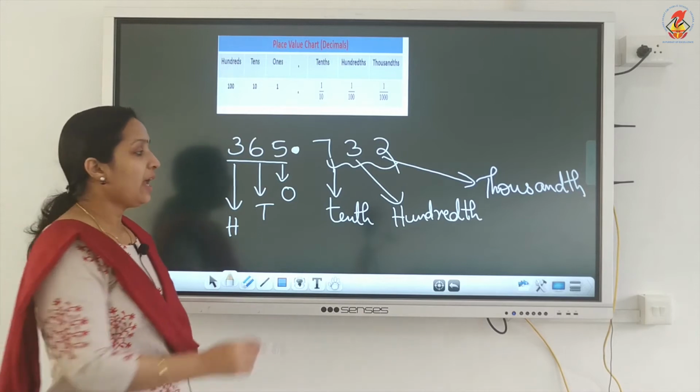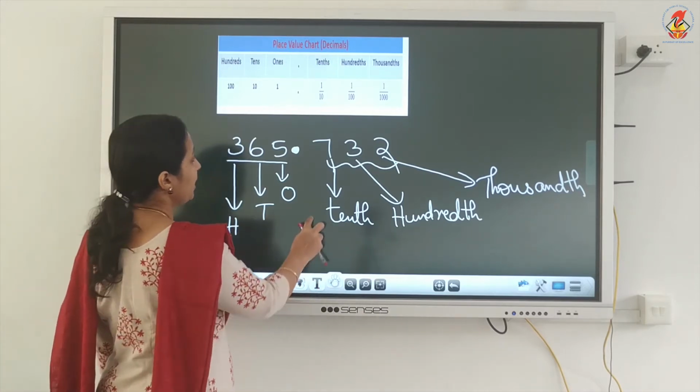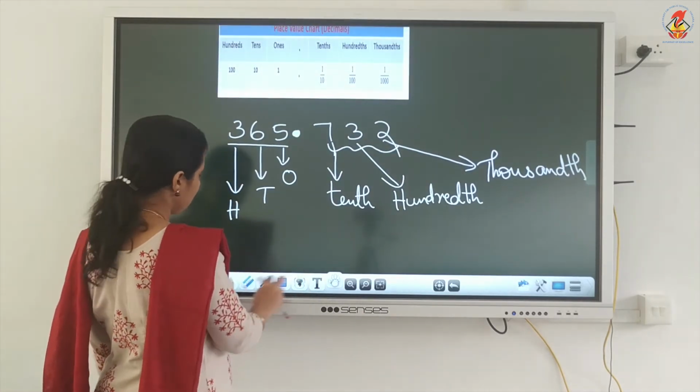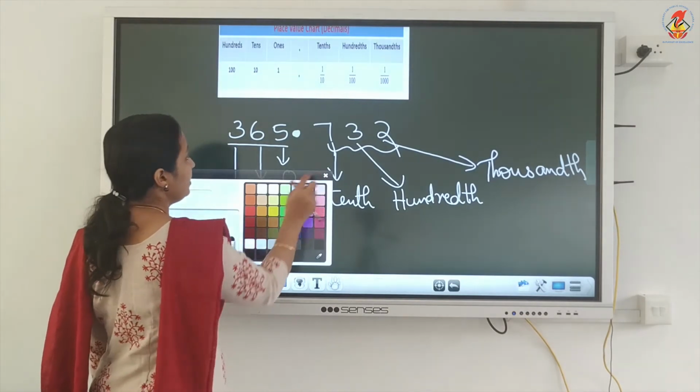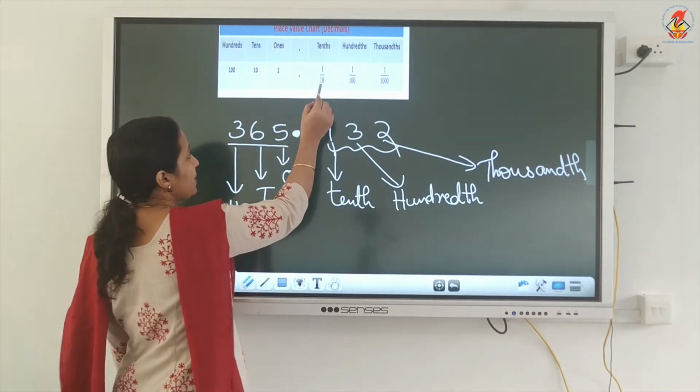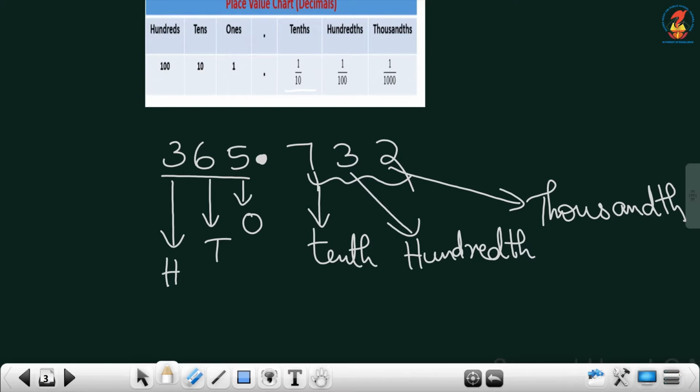Clear children? And how will we represent tenths? Look at this chart. Tenths we represent by 1 by 10. Hundredths means 1 by 100. And thousandths means 1 by 1000. In the whole number part, the places are same: 1, 10, 100, 1000, like that it will go.